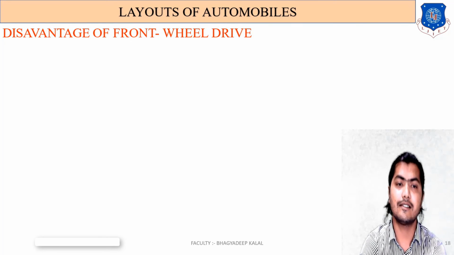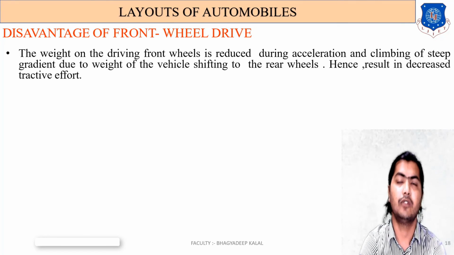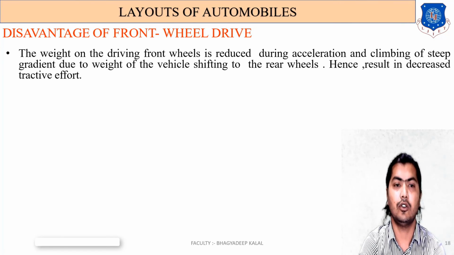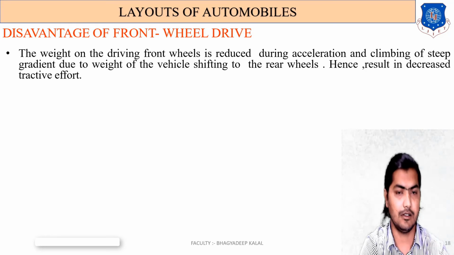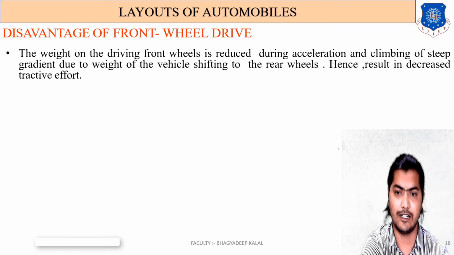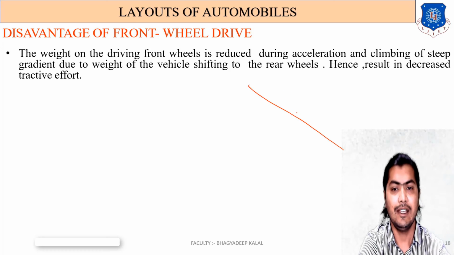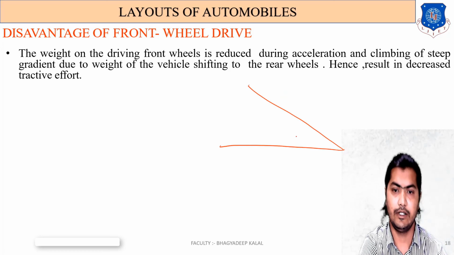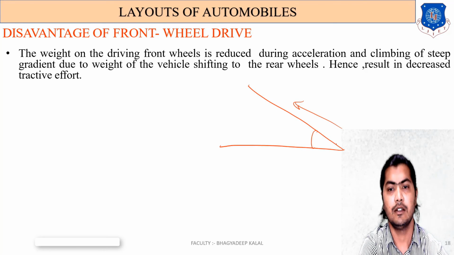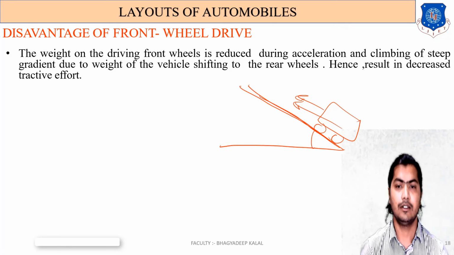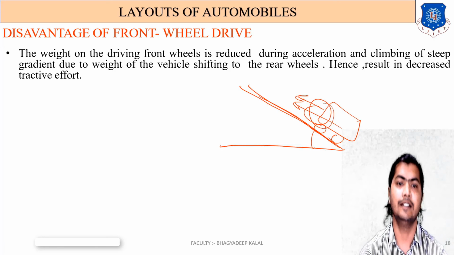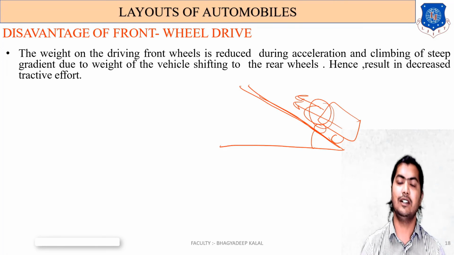Next, disadvantages of front wheel drive. What are the disadvantages of front wheel drive? The weight on the driving front wheel is reduced during acceleration and climbing of a steep gradient. What does this statement explain? If this is our gradient, this is our road, a hilly surface, and the vehicle is climbing here, what happens? The weight on the driving front wheel is reduced.